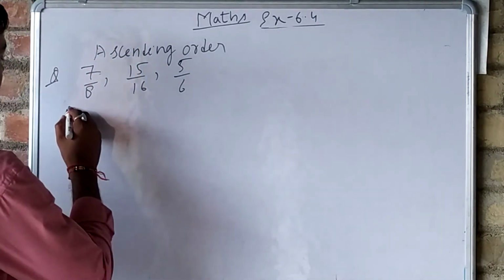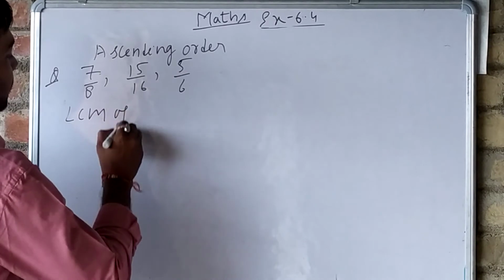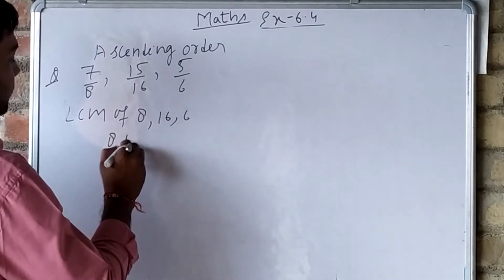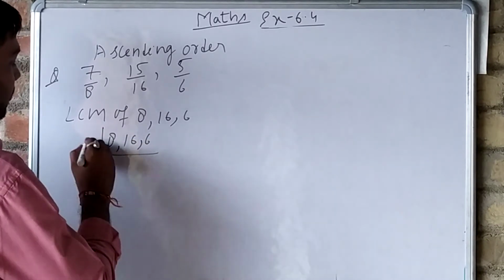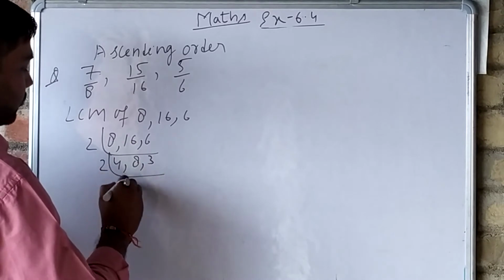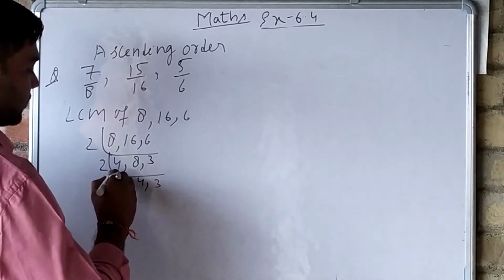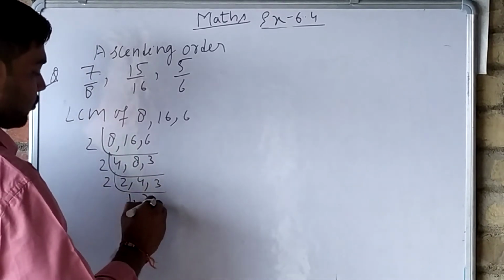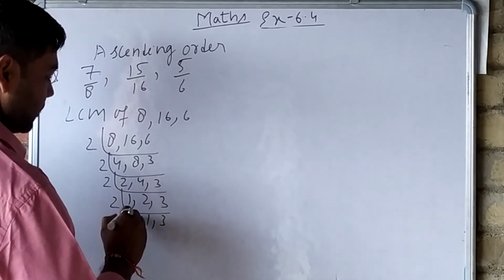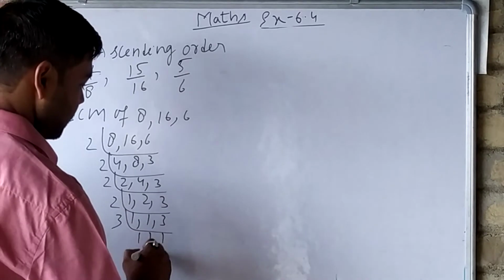So LCM of 8, 16 and 6 we will take. 2 4s are 8, 2 8s are 16, 2 3s are 6, 2 2s are 4, 2 4s are 8, and 3, 2 1s are 2, 2 2s are 4, 3, 2 1s are 2 and 3, 3 is nothing.